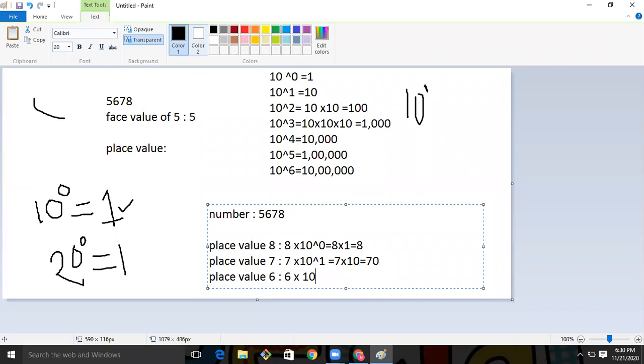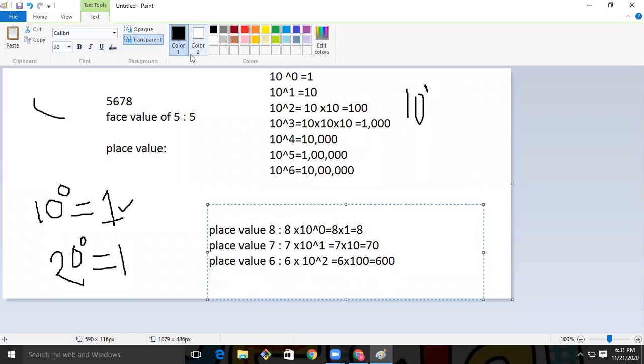This is the 10 power 2 place, right? So we have to take 10 power 2. So 6 into 10 power 2. 10 power 2 value is 10 square. 10 square is nothing but 100. So that is 6 into 100. The value will be 600.